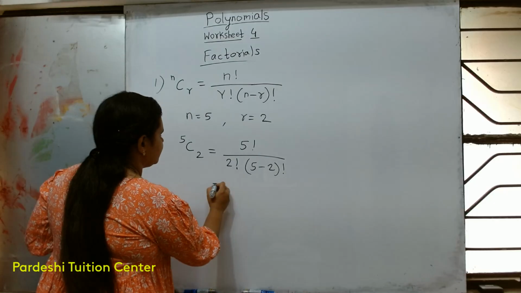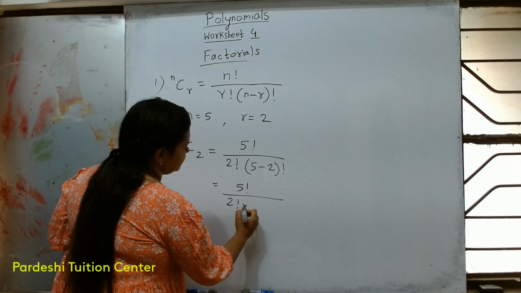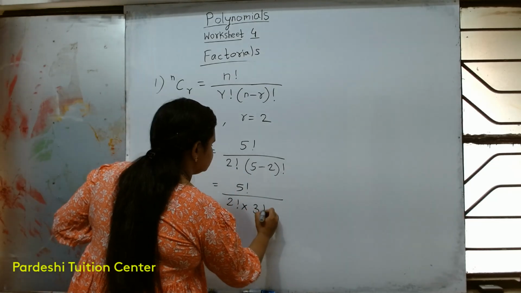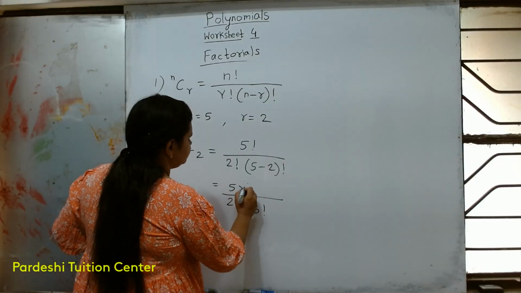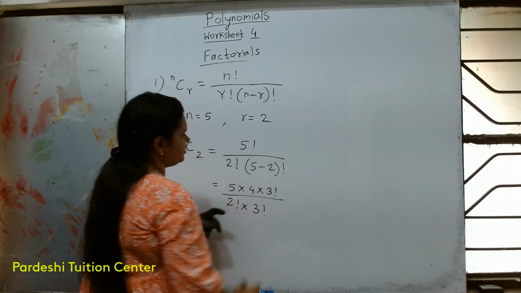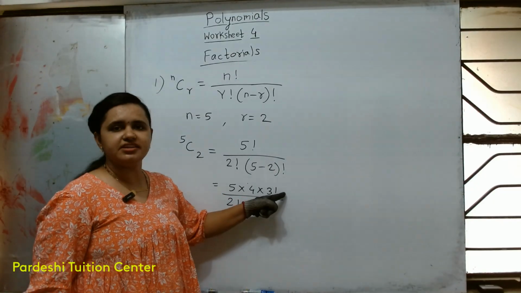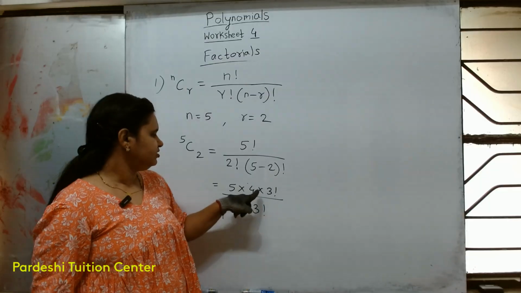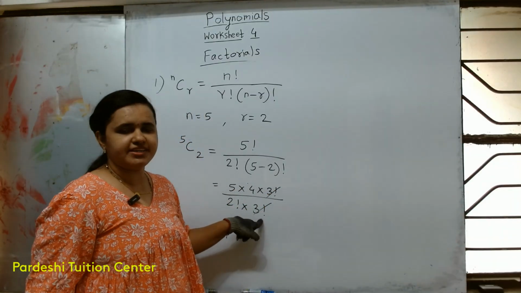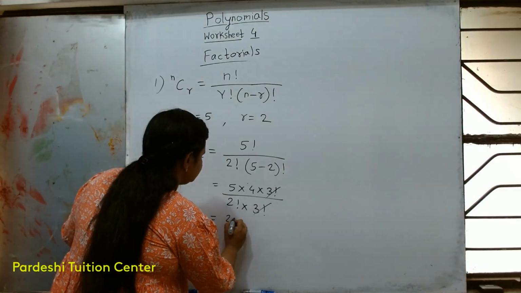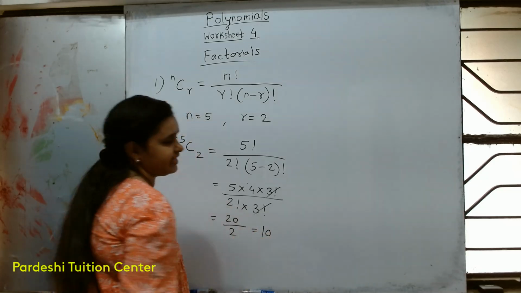So it will be 5 factorial upon 2 factorial into 3 factorial, and for 5 factorial we can write 5 into 4 into 3. No need to multiply up to 1, because here it is 3 factorial, we can directly cancel it. So 3 factorial will get cancelled, and 5 fours are 20 upon 2 factorial, that is 2. So it will be equal to 10.